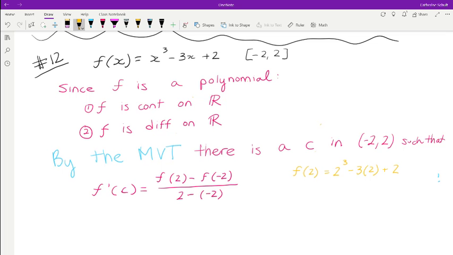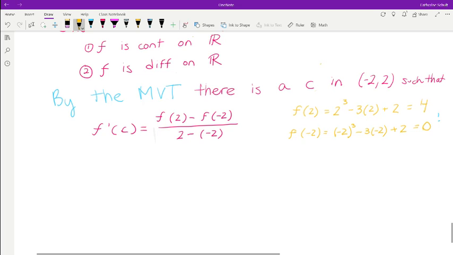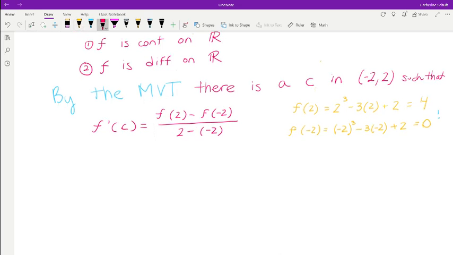So 8 minus 6 is 2 plus 2 is 4. And f of negative 2, negative 2 cubed, so negative 8, minus 3 times negative 2, so positive 6, negative 8 plus 6 is negative 2, plus 2 gets us back to 0.